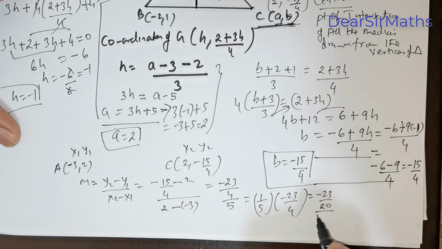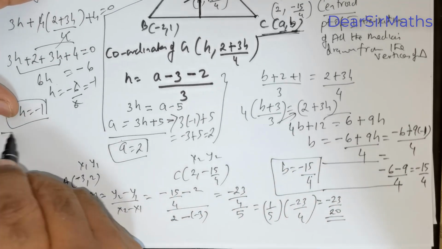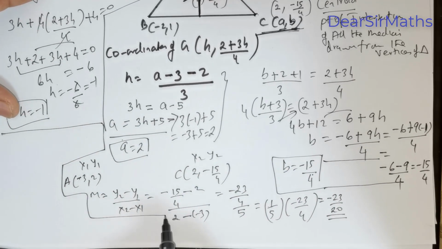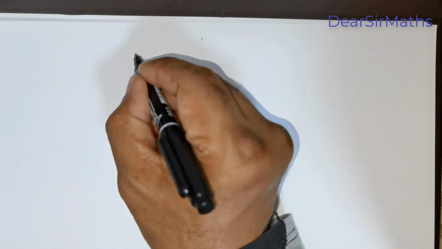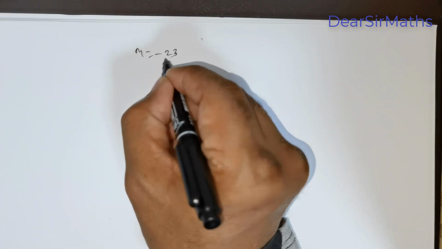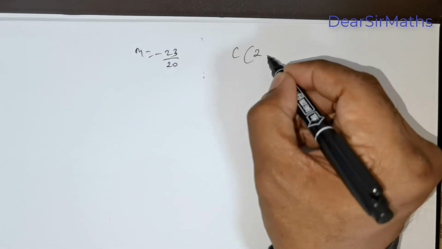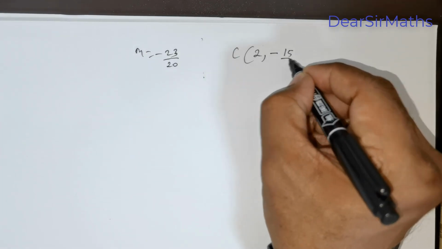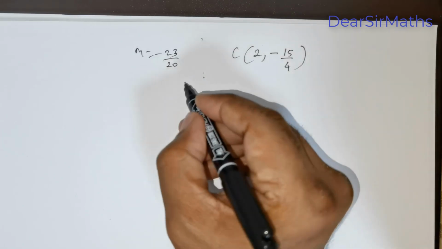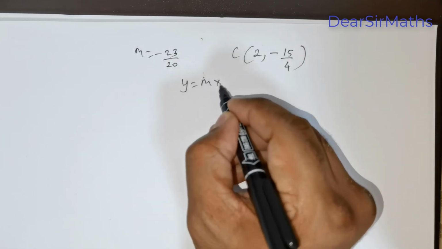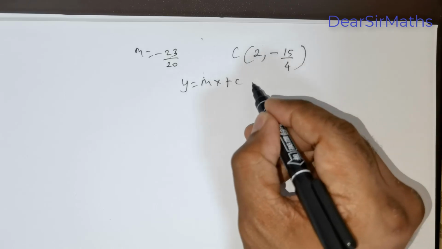So this is my slope m. Now since I've got slope m, you can utilize the equation of the line formula. You have found the slope as -23/20 and the vertex C is (2, -15/4), and substitute it in y = mx + c to get the value of c.